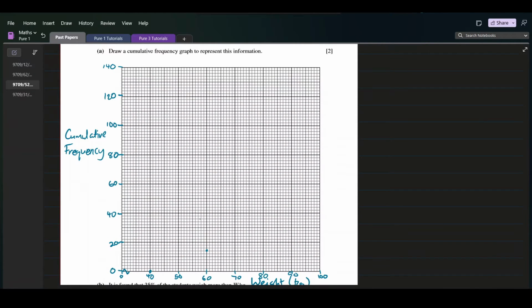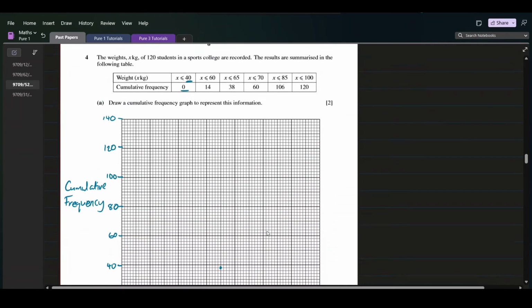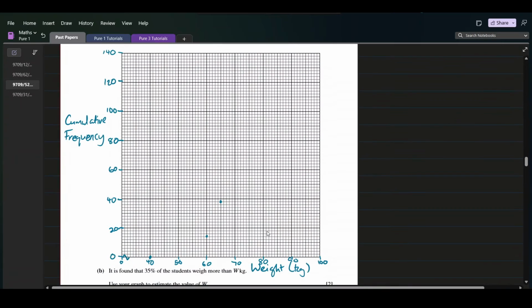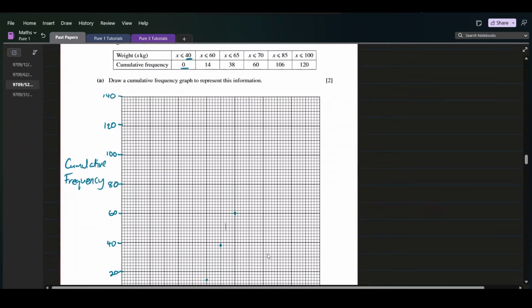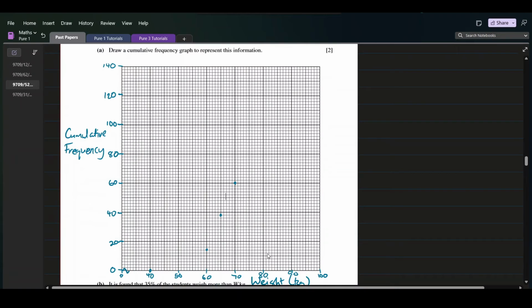Okay, 65, 38 should be over here. And our next point is 70, 60. 70, 60, that's right here. The next point, 85, 106. So 102, 104, 106 would be here.